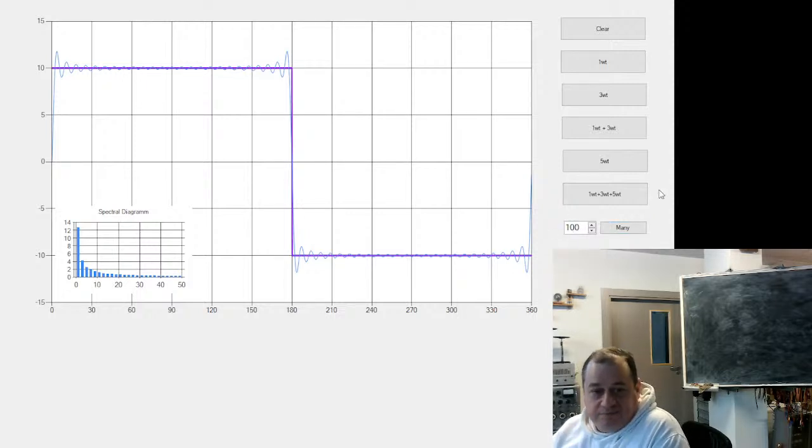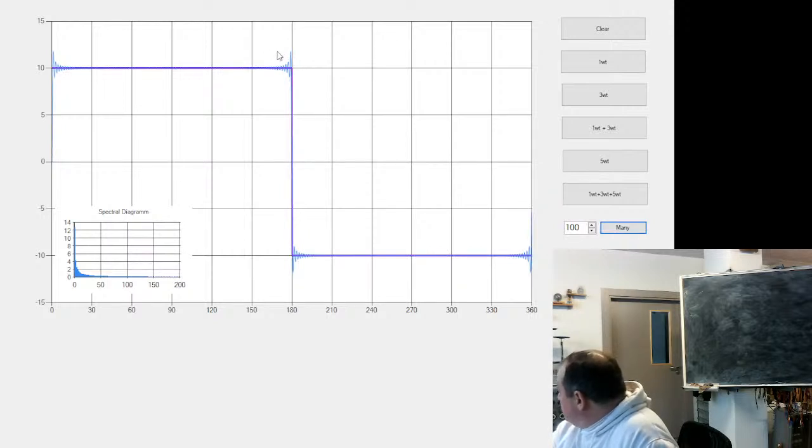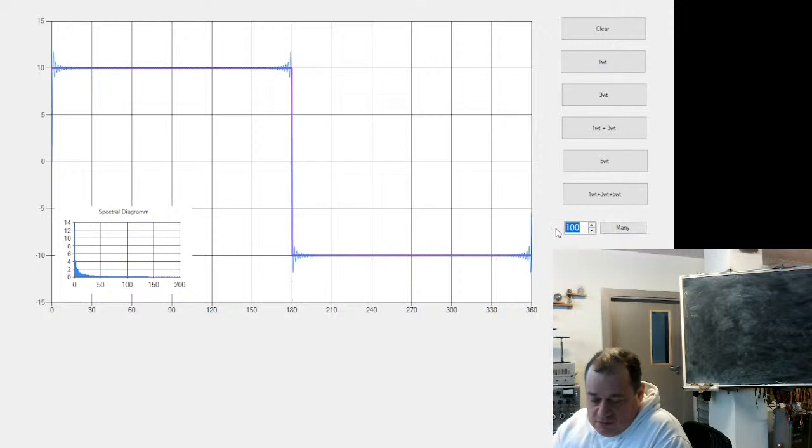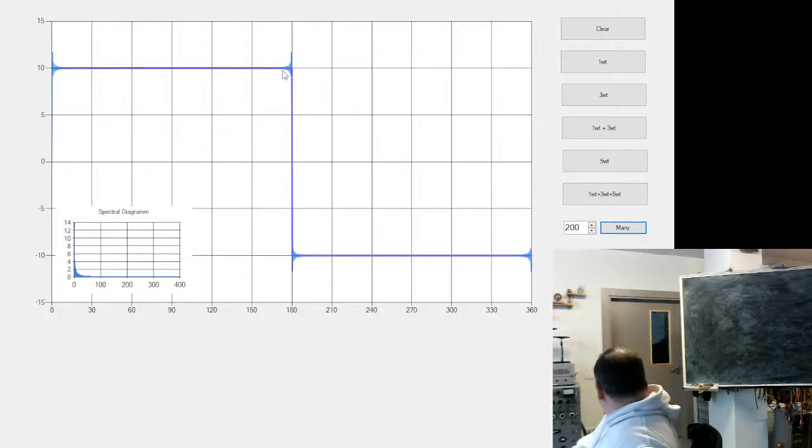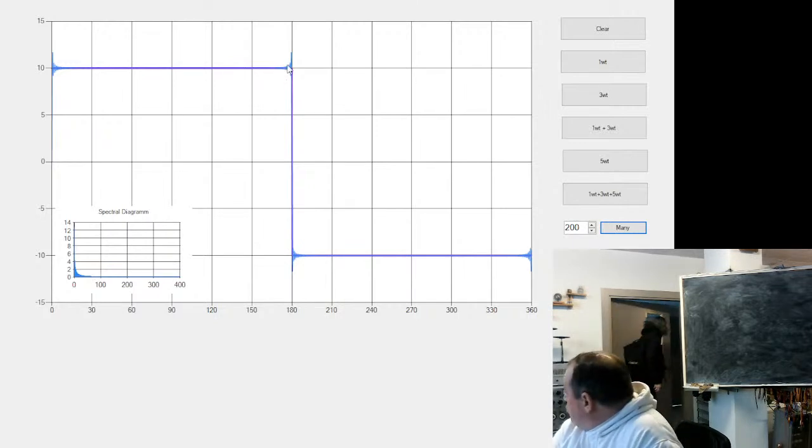100. But you see, something refused to disappear. 200. Machine. Oops. See what's going on? See this needle?